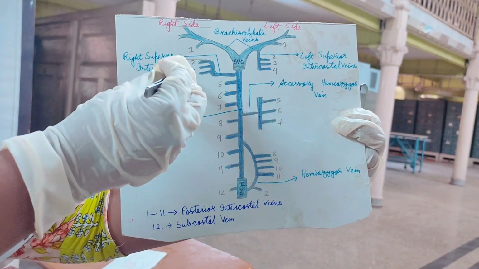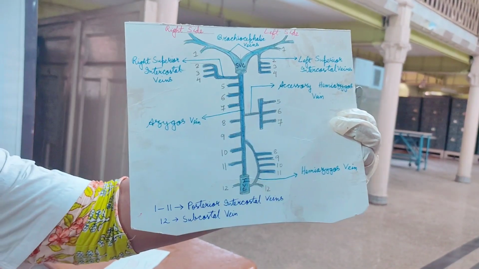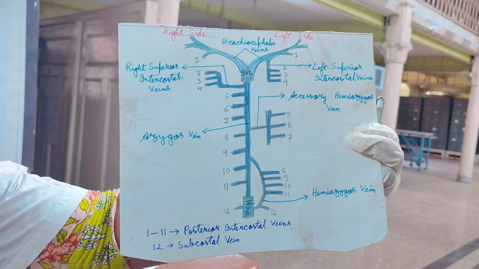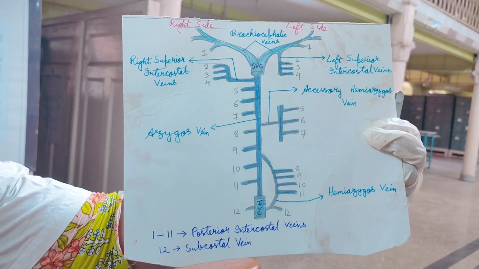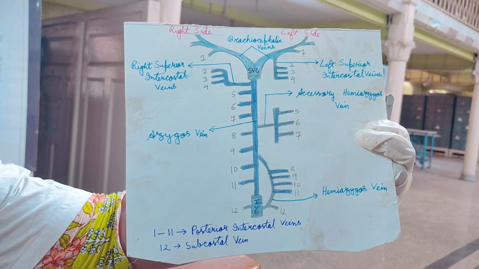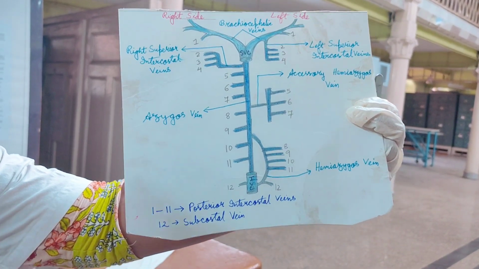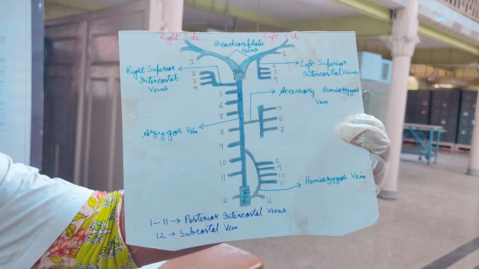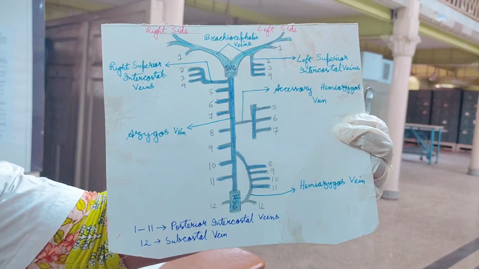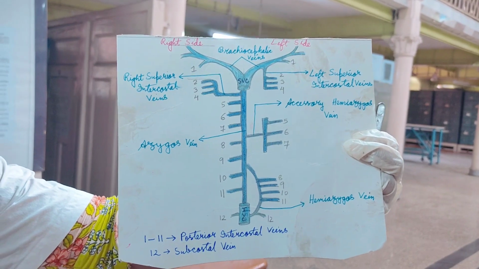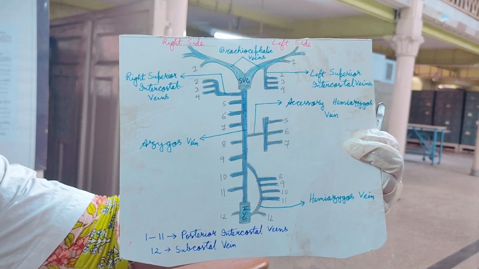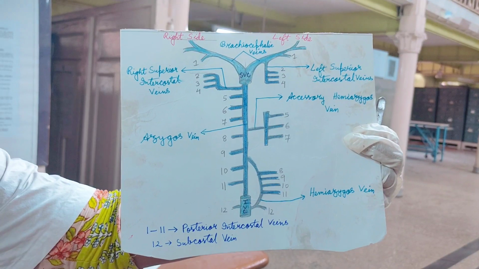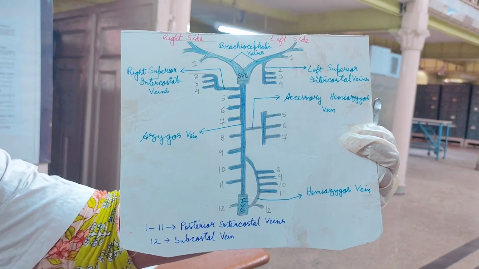The second, third and fourth on both sides are uniting. On the right side, they form the right superior intercostal vein, which drains into the azygos vein, that is this one. On the left side, the second, third and fourth unite to form the left superior intercostal vein, which drains into the left brachiocephalic vein.